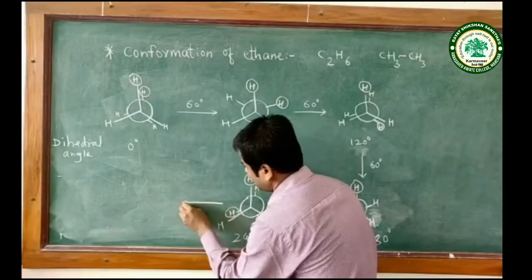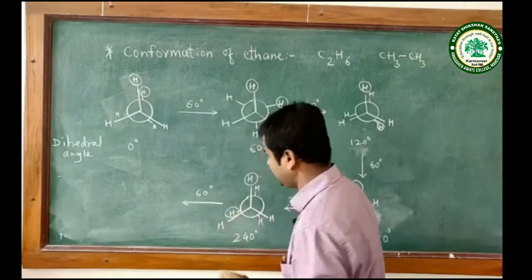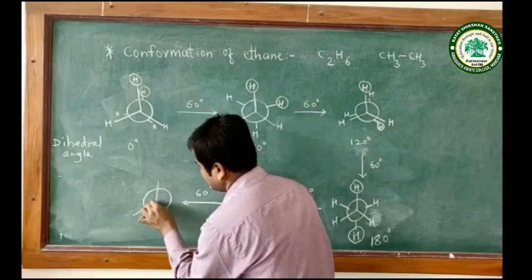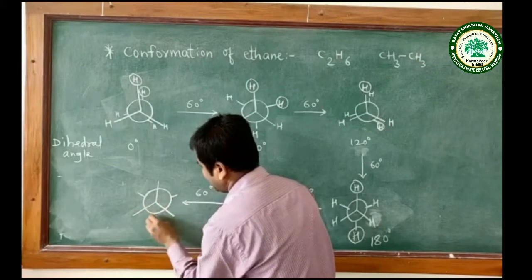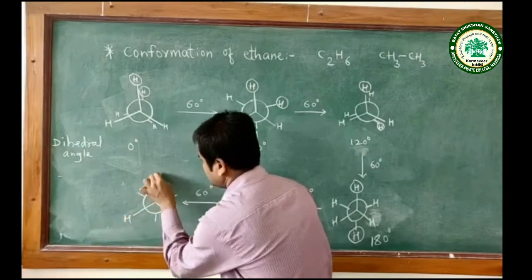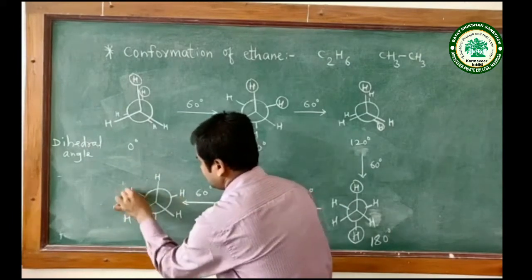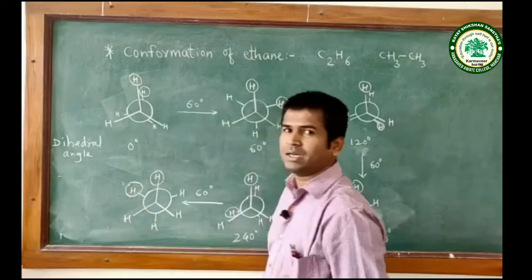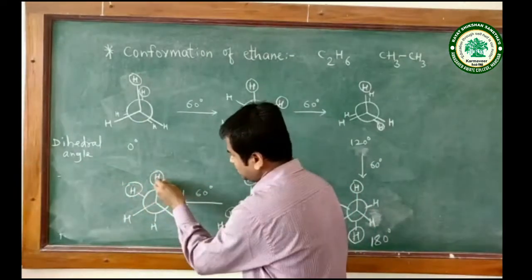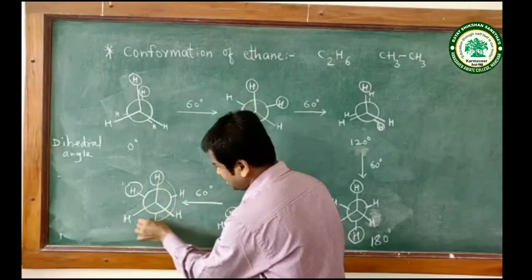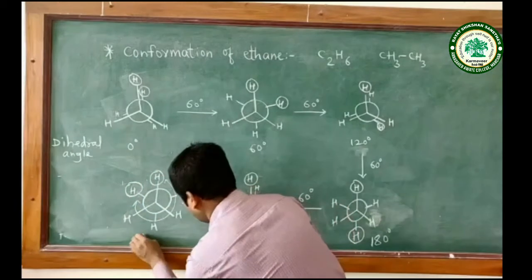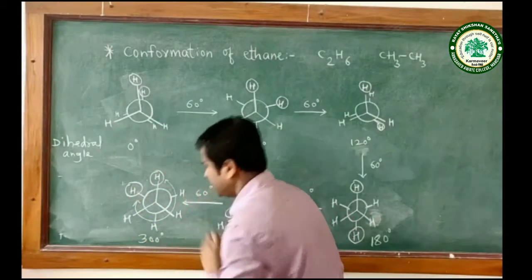Again we rotate by 60 degrees. We get the structure like this, where the dihedral angle between these two hydrogens from this side is 300 degrees.